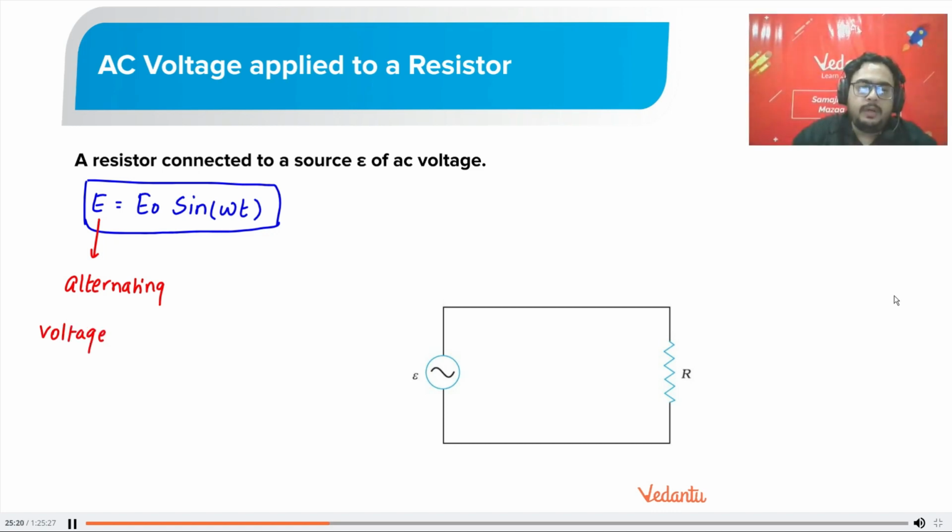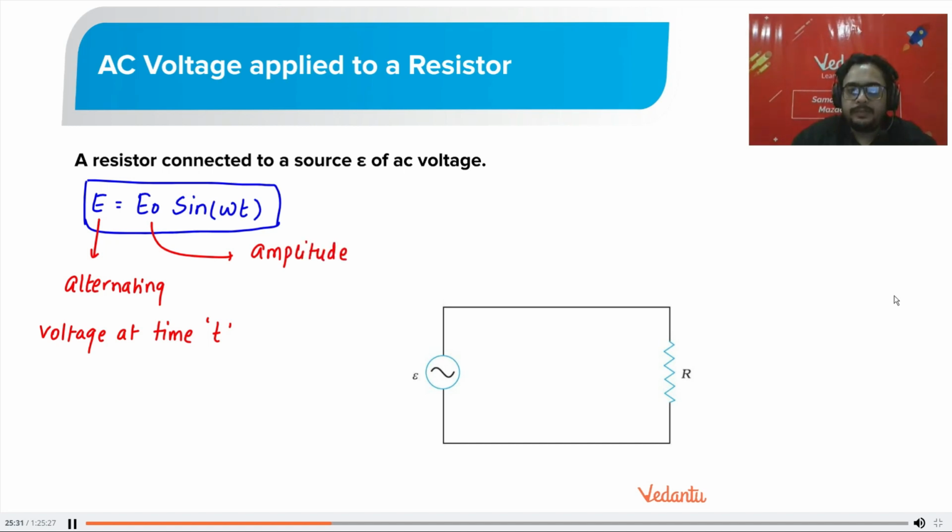Alternating voltage at time t. Here E naught is called the amplitude of voltage. This is like simple harmonic motion if you have studied.